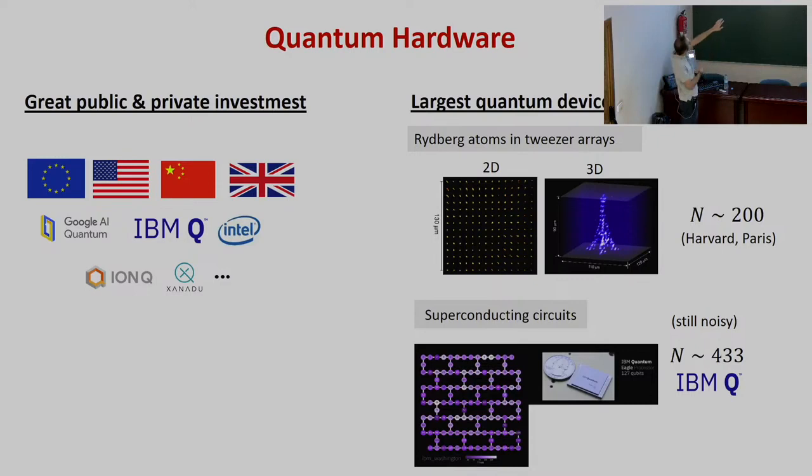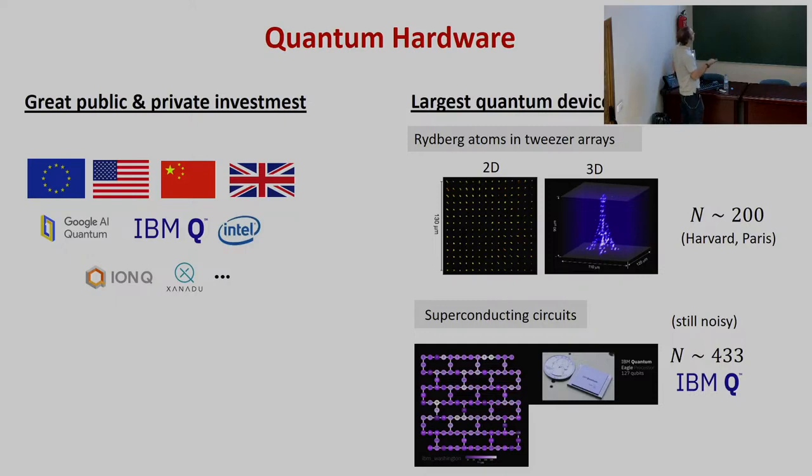You can see there a 2D array of atoms trapped in optical potentials, and they can even control this in 3D. For instance, the group in Paris made an Eiffel Tower out of atoms. This is just to show that they can control it, but of course the Eiffel Tower will not be used for quantum computing, but the 2D setup, yes.